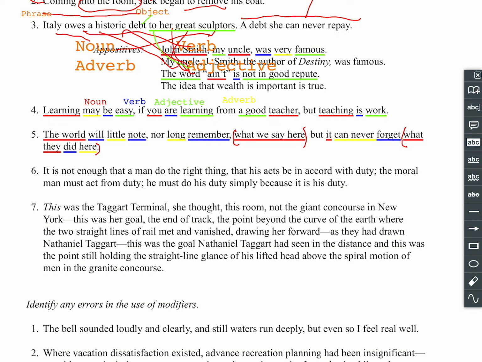It's telling us about the world, but I don't think it's an adjective, even though it's telling us about the world, which is a noun. I think it's just like a third thing. It's telling us three different things. There's three thoughts in one sentence. That's how I read it.